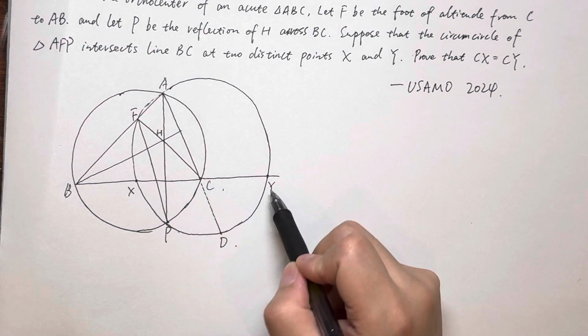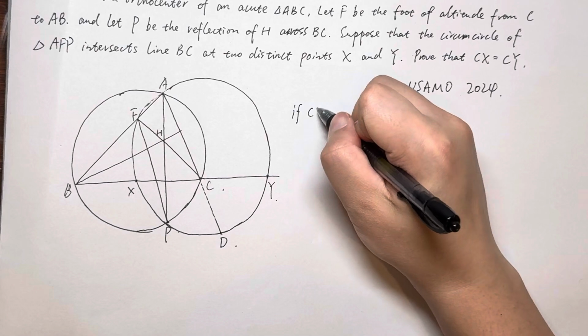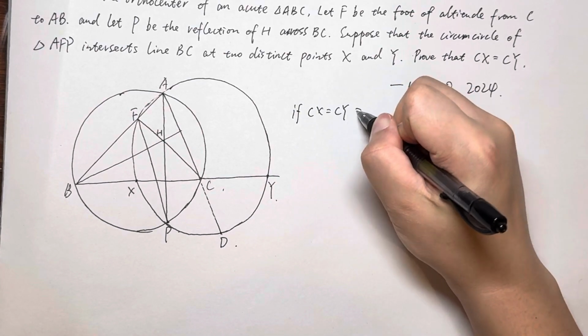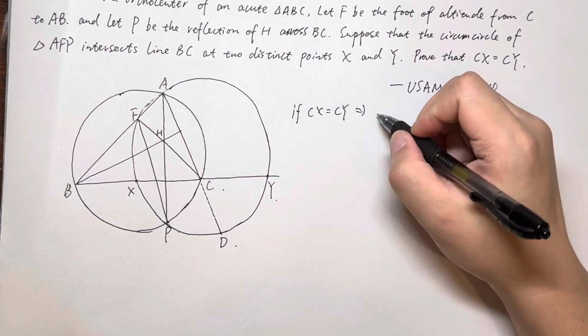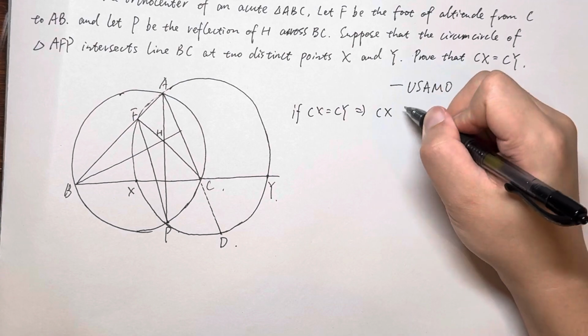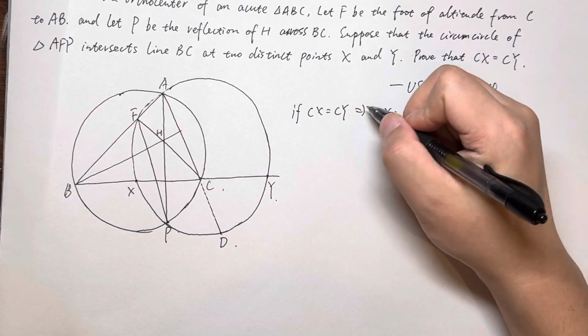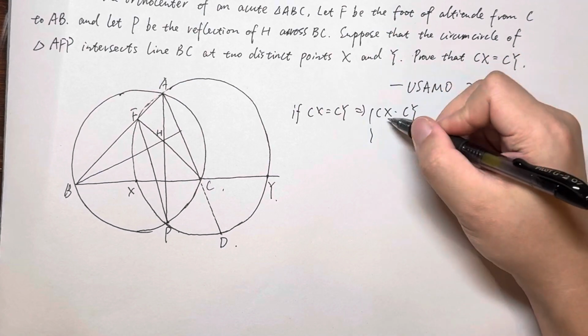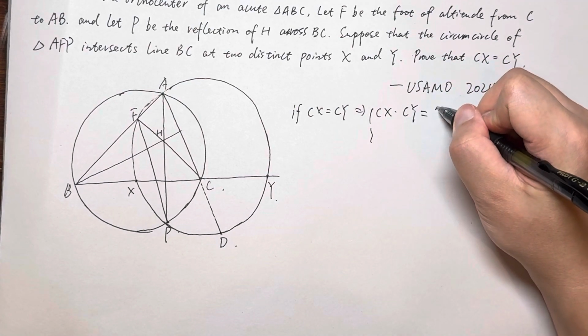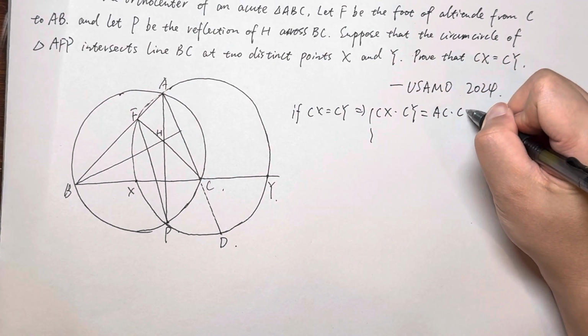If CX equals CY, then we already know that CX times CY equals AC times CD.